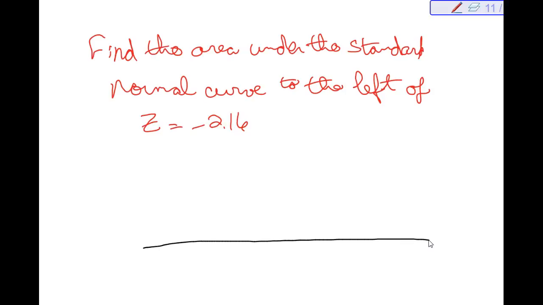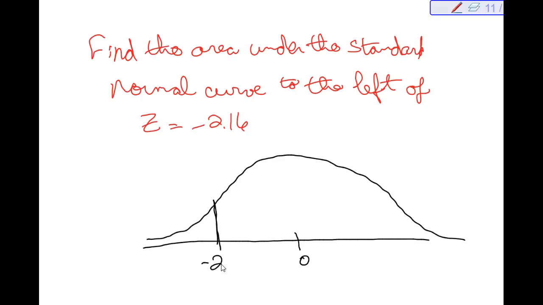Okay, so I'm going to draw my curve, and here's 0, so a negative is going to be over here, negative 2.16, and it says to the left, so I'm still going to shade to the left.